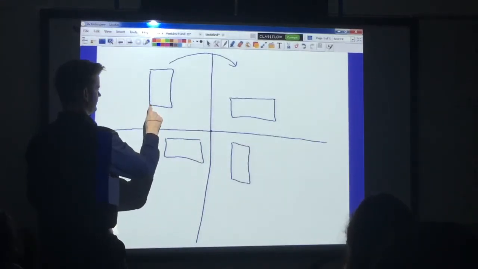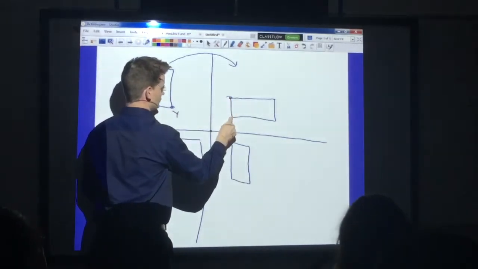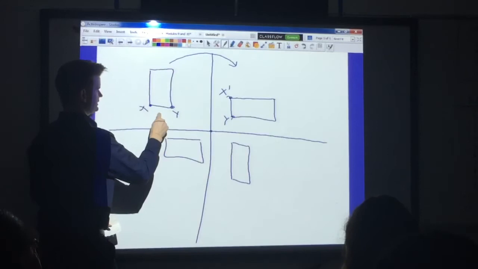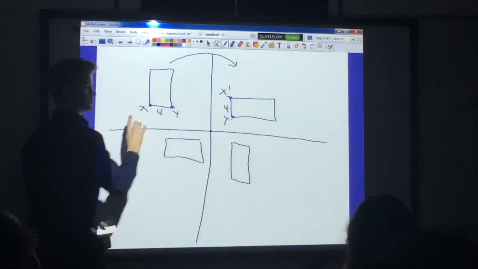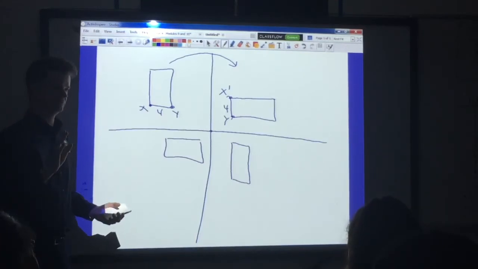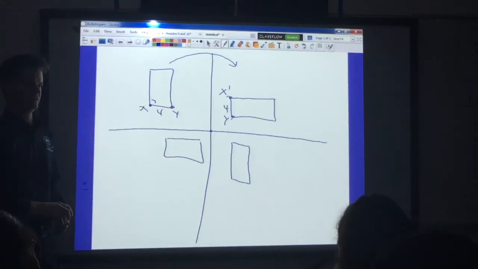Now when I rotate it, if this is line x, y, then when I rotate it, this would be line x, y prime. If this is 4 inches, how long is this? 4 inches. This is a rectangle. So let's say, who remembers geometry? What's the degrees of that angle? This is a rectangle. Anybody remember? 90 degrees.